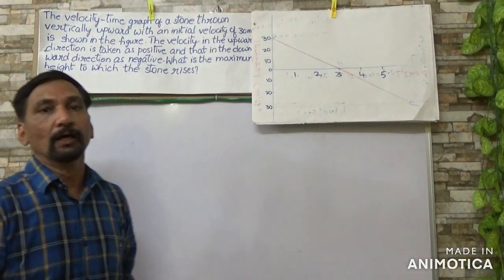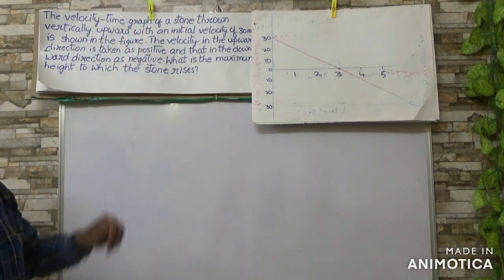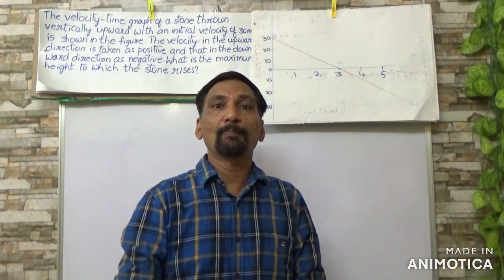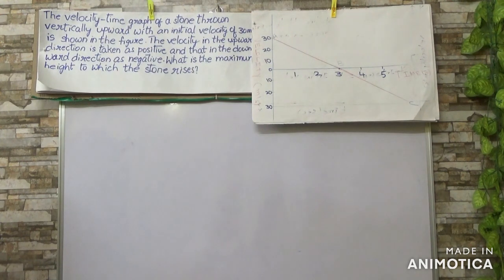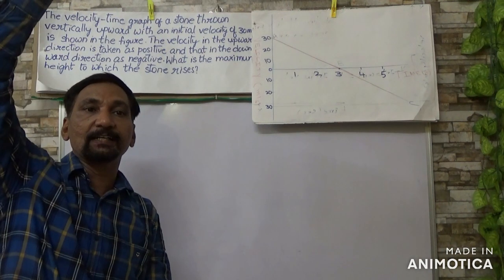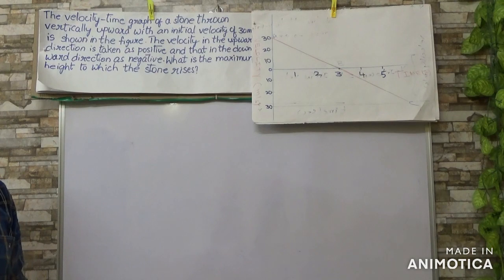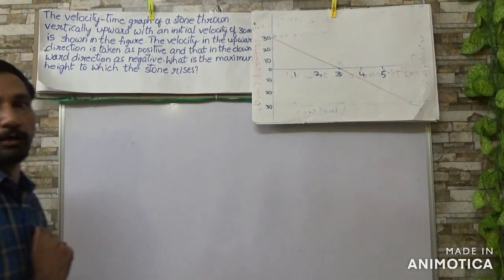Now about the given problem. There is one body, a stone thrown up with 30 meters per second velocity upwards. The question is the maximum height covered by it. The variation of its velocity versus time is represented through a graph.